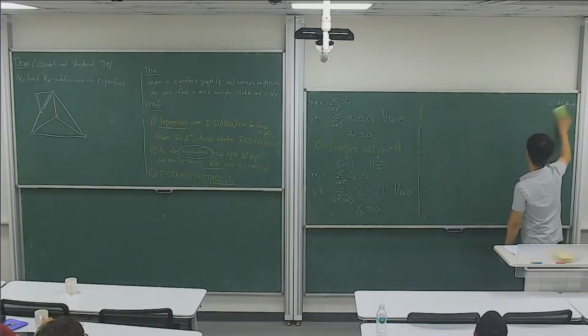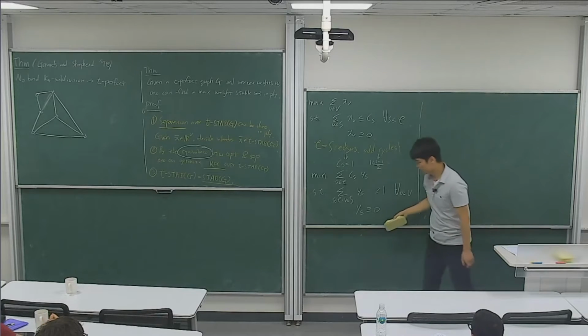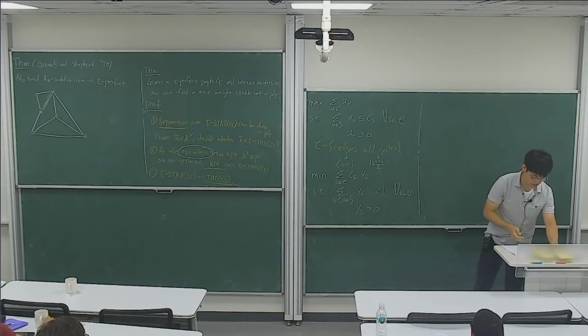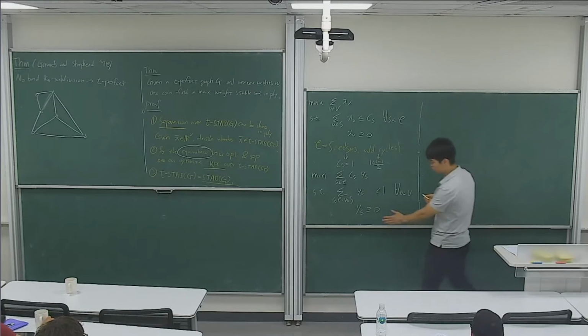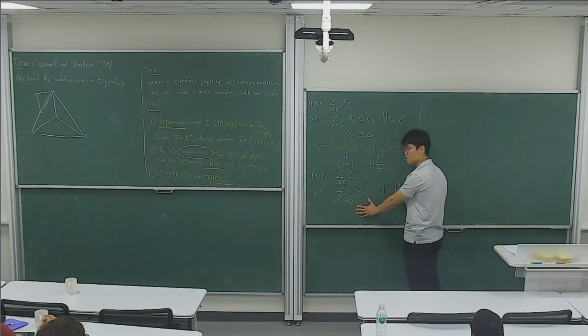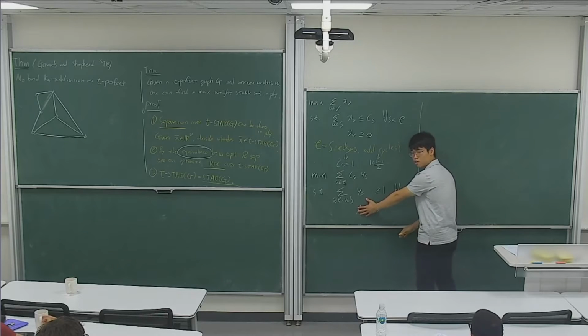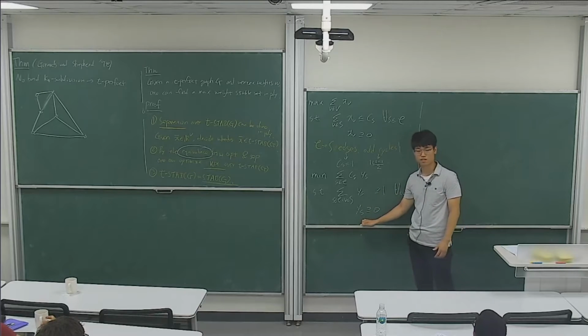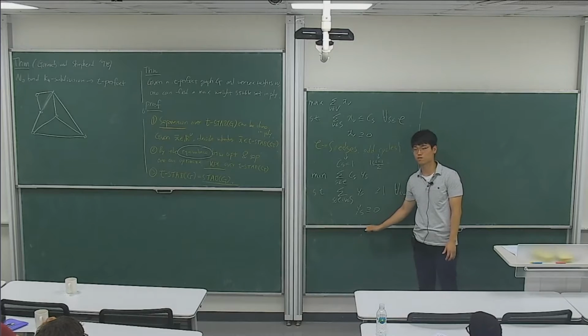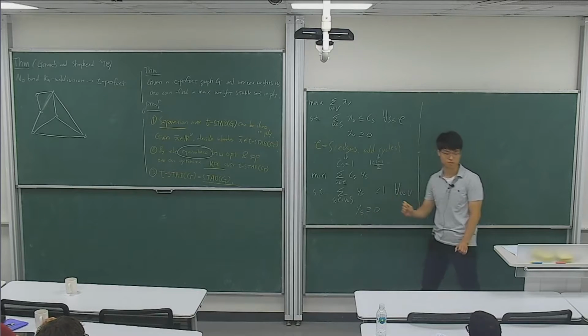If you look at this LP, this is just a fractional set cover problem. If you replace this non-negativity by integrality, this is just a set cover problem. Because I relaxed the integrality by this non-negativity, this is a fractional version of the set cover problem.